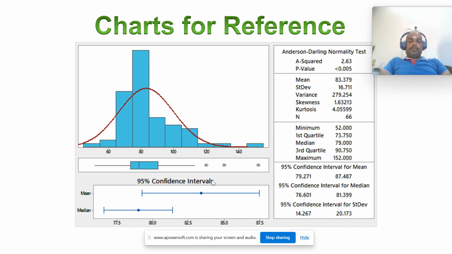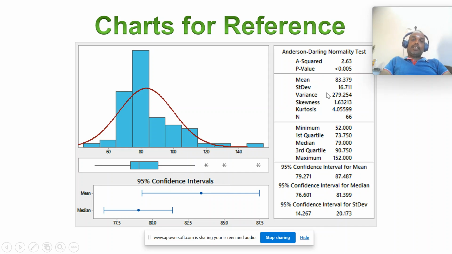Here, you can see the normalization. This is a bell curve, as I said, right? This is the mid value, which is nothing but the median, and the box plot represents the same chart here. Now we can find the 95% confidence interval.